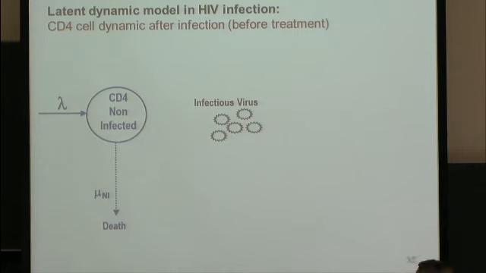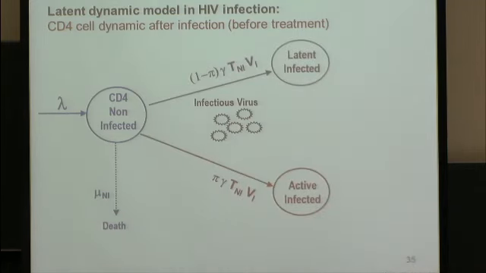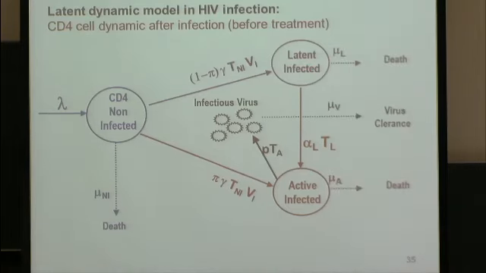What happens if you have an HIV infection? You have infectious virus, and then part of this non-infected CD4 becomes either latent infected, so they're latent, or active infected, so they're producing new viruses. And all these cells have natural death.